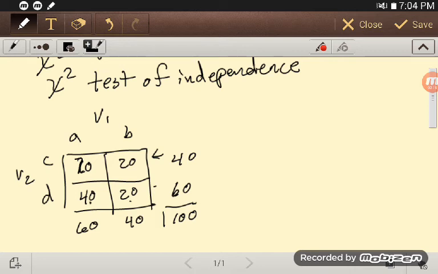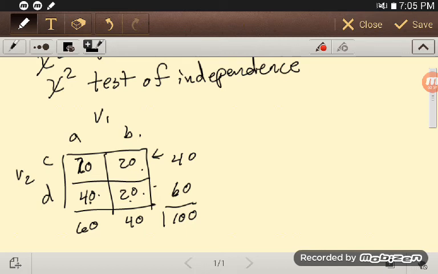It does matter what row I'm in. Or the same thing, I could say it matters what column I'm in, because if I'm in column A, then D is twice as big as C, but if I'm in column B, then D is the same size as C. And so it definitely on the surface looks like they're dependent.